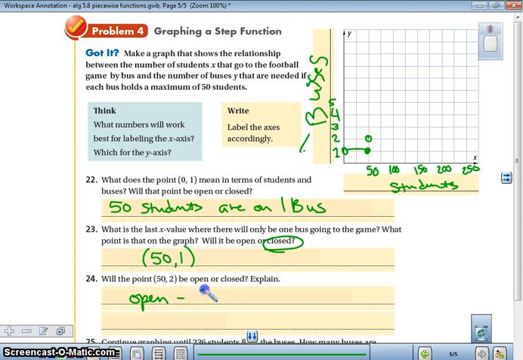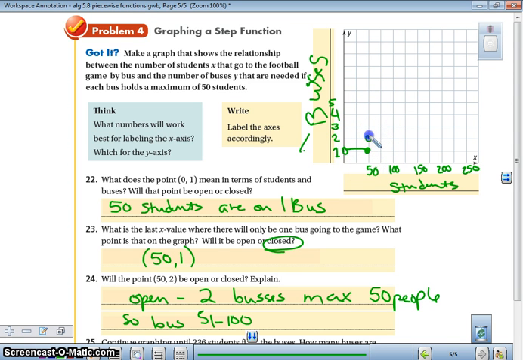What it's telling us is that we need 2 buses with a max of 50 people on each. So this bus would actually have 51 to 100 students on it.